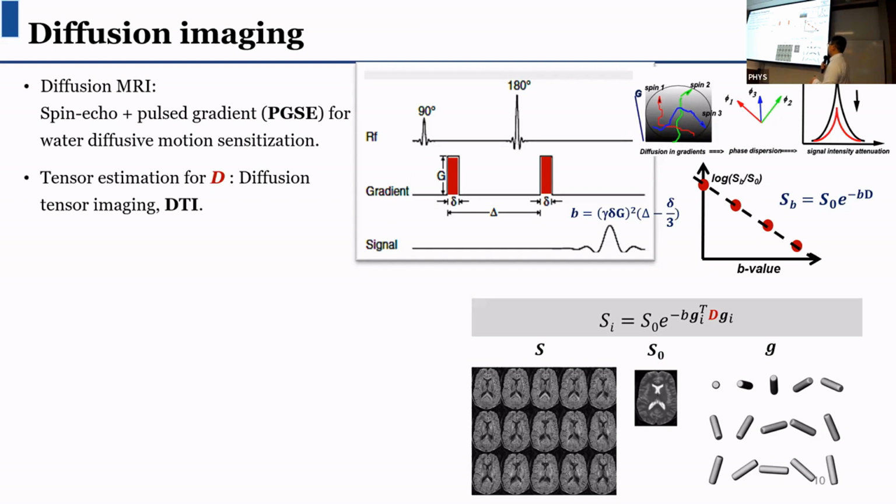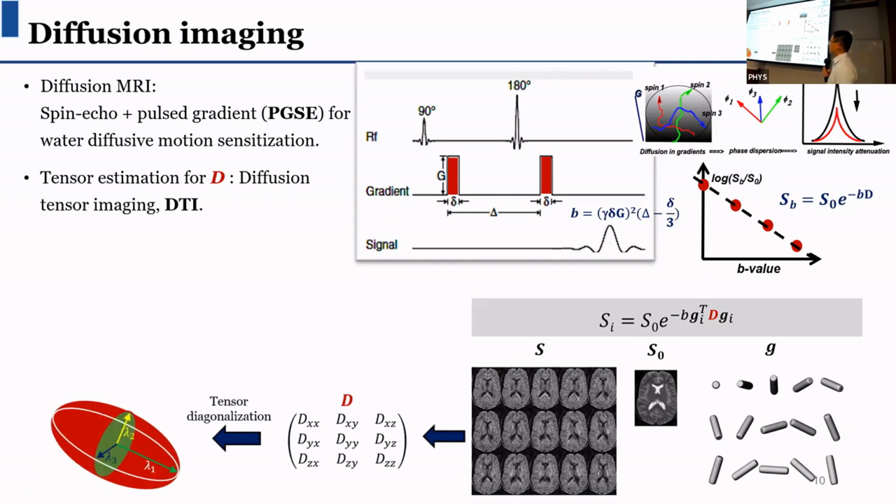You always acquire a non-diffusion-weighted image with the gradient turned off, and after you turn on the gradient, you get an image for each direction. Then you fit the signal equation, which is a tensor model, and we call this imaging method diffusion tensor imaging.